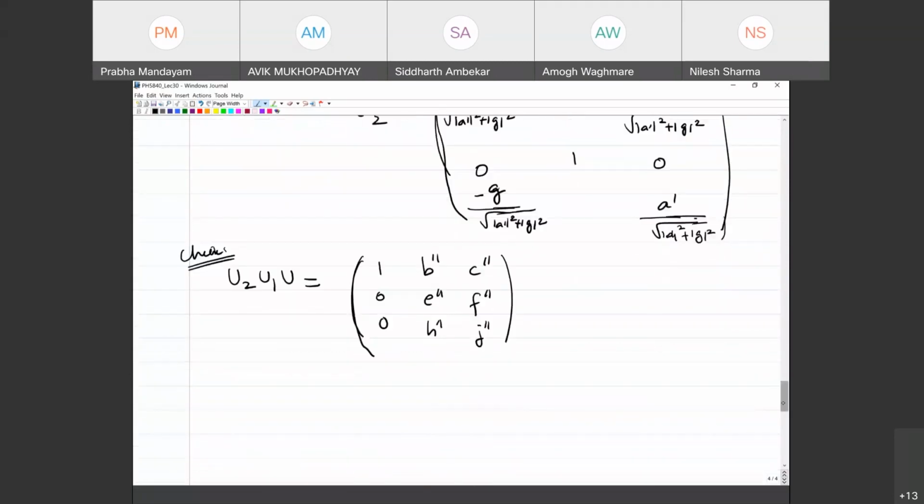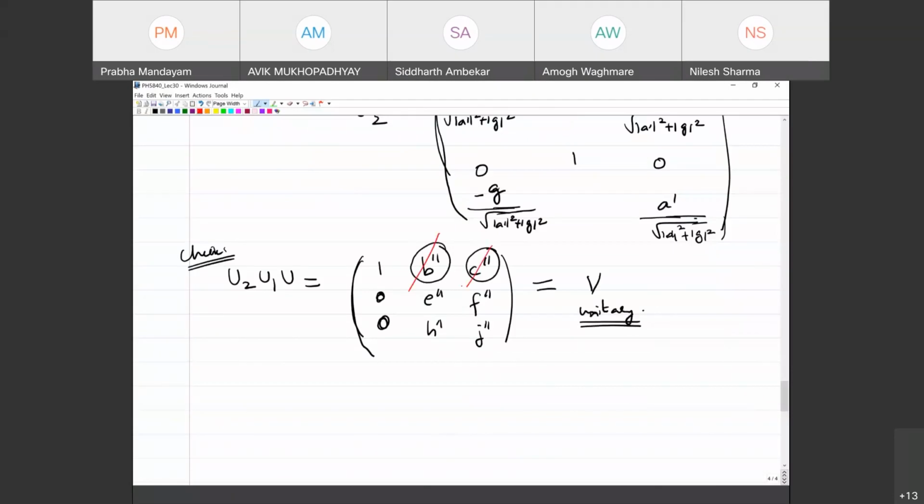So if you check now and multiply these three, we have eliminated two of these entries. Now let me call this some matrix V. Now this is also unitary, right? And if this is unitary, then you can show that these two entries must also vanish.